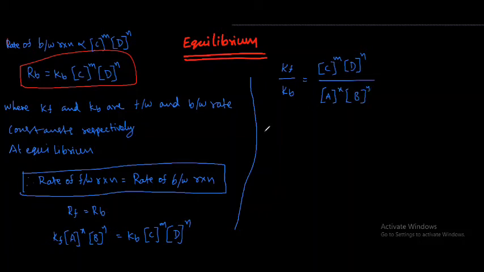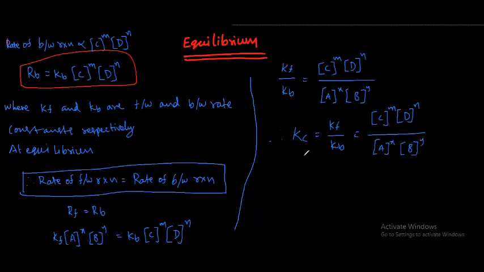Therefore here Kc is equal to Kf by Kb, that is equal to the concentration of C power of m, the concentration of D power of n, by the concentration of A power of x, the concentration of B power of y, where Kc is known as the equilibrium constant.